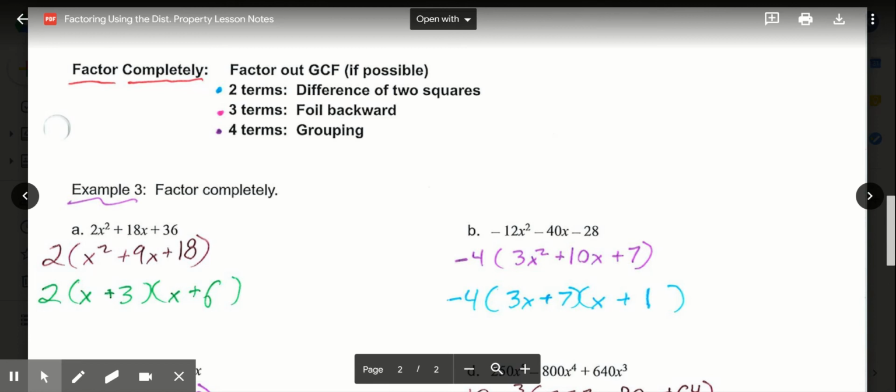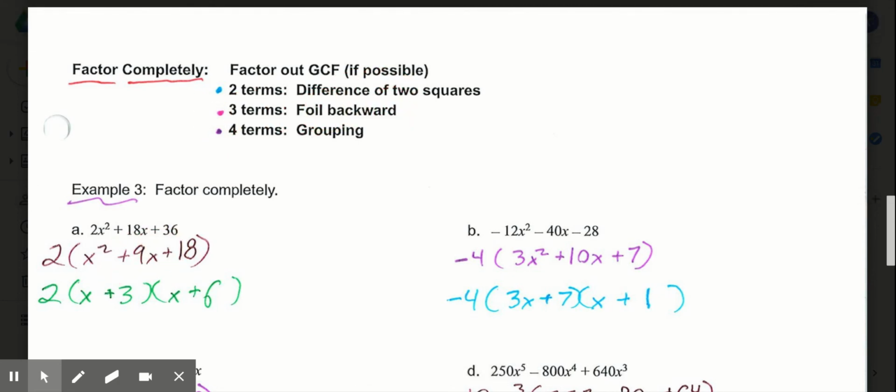So first thing I do is factor out the 2. Then what's left on the inside, divide each part by 2, and we'd have x squared plus 9x plus 18. So the 2 on the outside just comes down with our answer, and I'm left with this trinomial on the inside. So I'm going to undo the foiling or factor that.